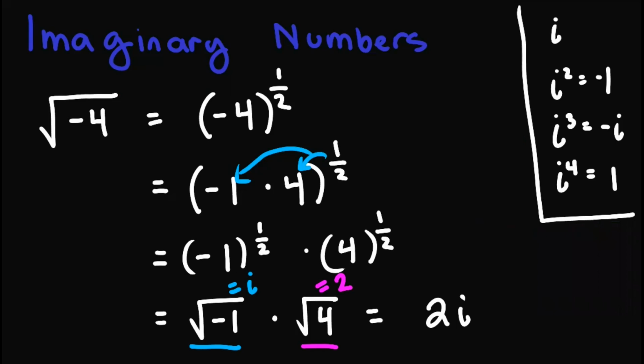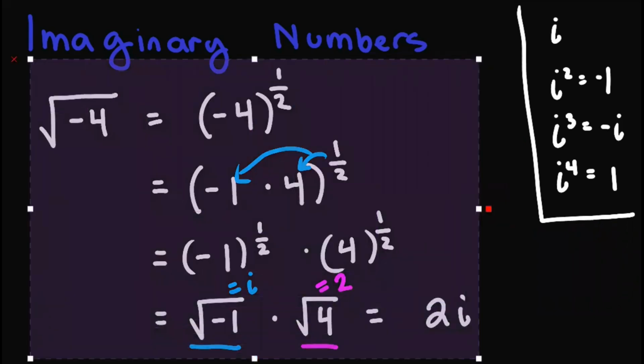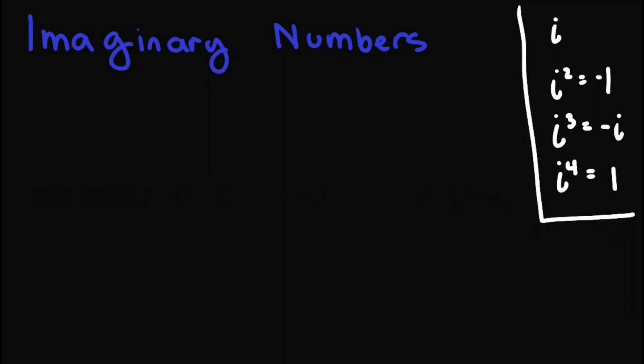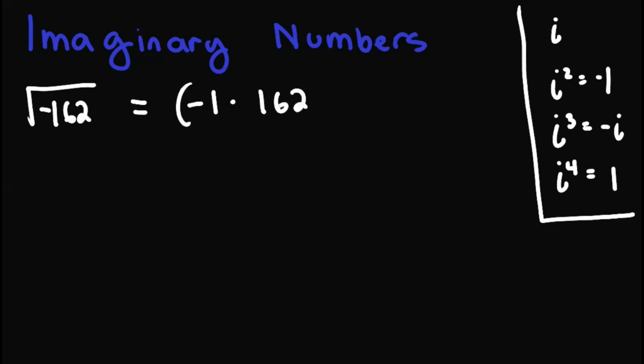So let's have this one final example. Let's have the square root of -162. Again, with the same process, we'll have here -1 times 162 raised to 1/2. So this one is equal to, by noting that 162 is actually equal to 2 times 81, which is also equal to 2 times 9 squared.